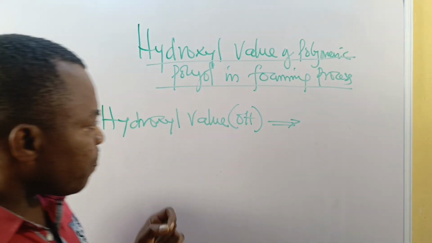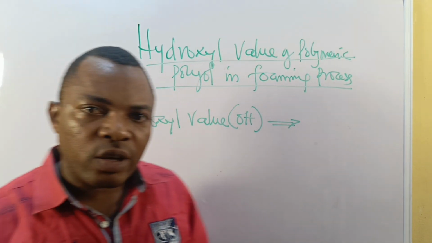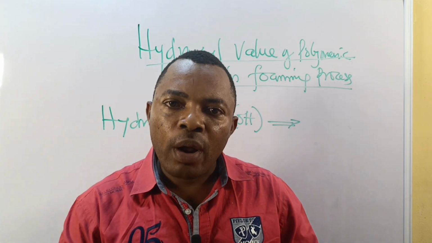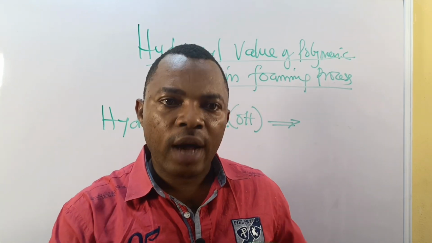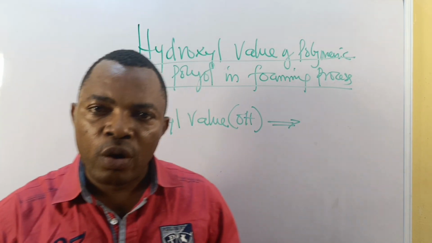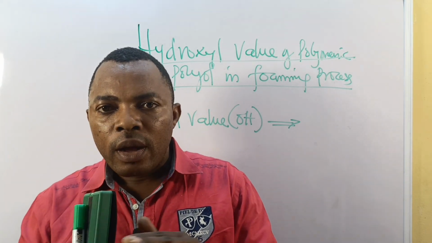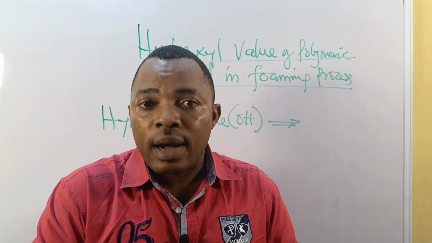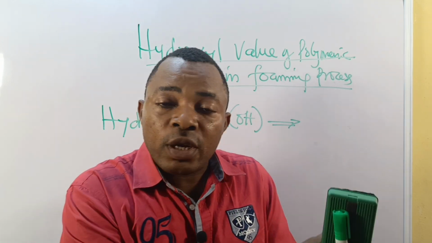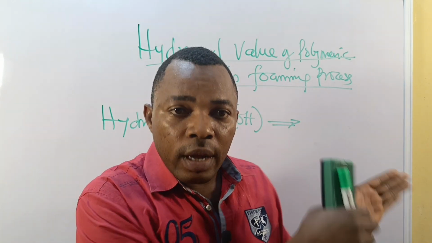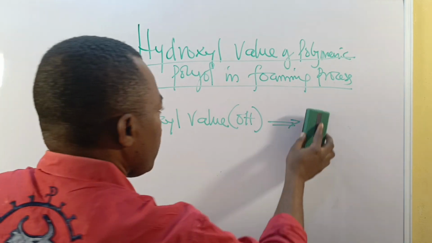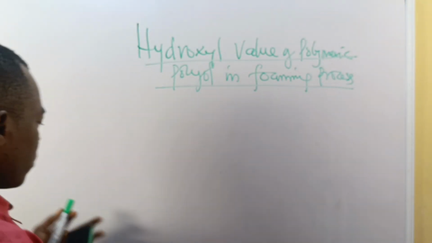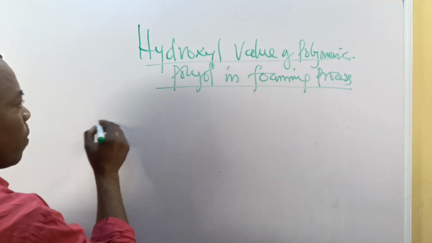If you look at the first reaction of the foaming process, which is a polymerization reaction, it is when the polyol and the TDI react in the presence of a tin catalyst for the formation of the urethane bond. Let us do the illustration here. This is what I'm trying to say.